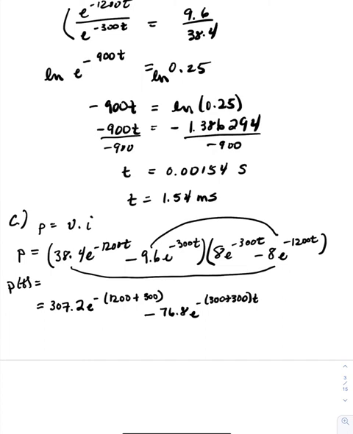So 38.4 times minus 8, 38.4 times 8, minus 307.2 e to the minus 1200 plus 1200 t, and plus 9.6 times, I'm going to guess it's 76.8.